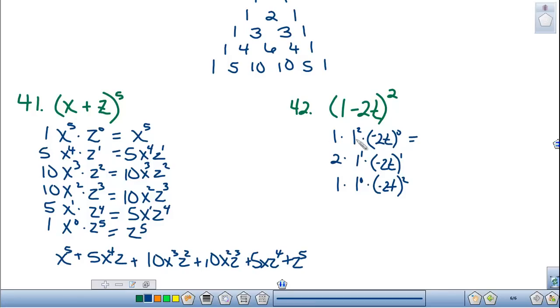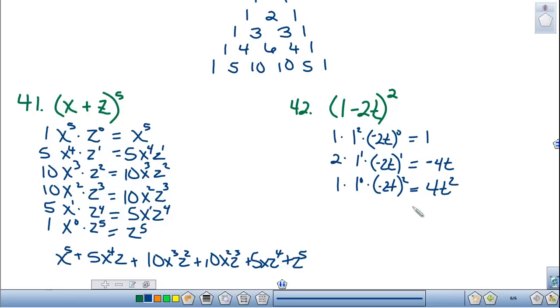So when you multiply those 3 ones together, you get 1. And 2 times 1 times negative 2 is negative 4t.